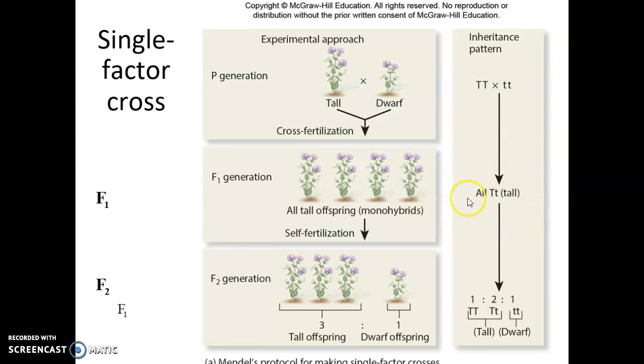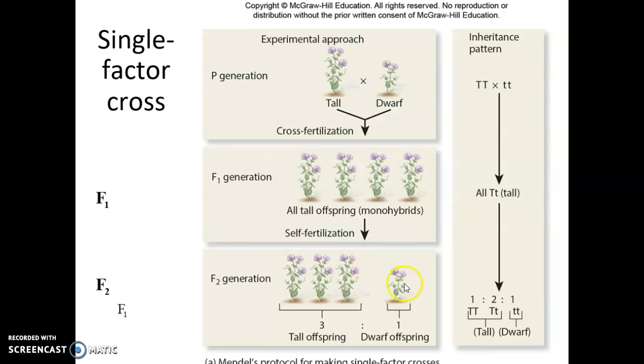When you have these two together, it's called heterozygous, as opposed to up here, which is homozygous. Homozygous just means that on both of my chromosomes, the gene versions, or gene alleles, are the same. Now, we know that this is an uppercase T for tall. We know that it's dominant because look what happened. When you have an uppercase and a lowercase, all of them wind up being tall.